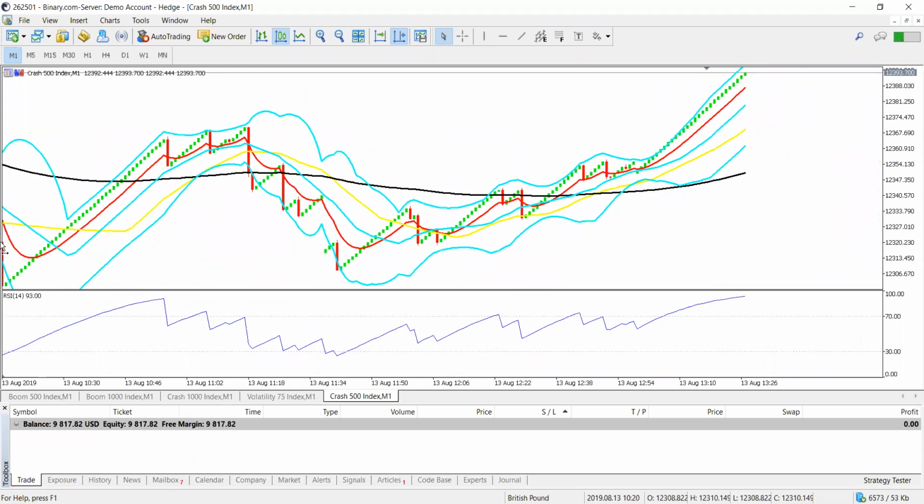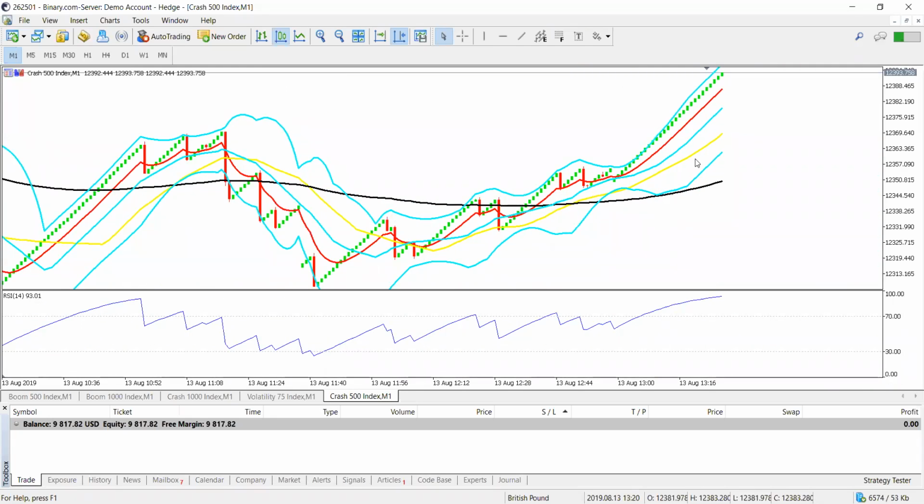Let's talk about the second average, which is SMA, moving average 35. Moving average 35 is very important in also doing the same thing, gauging the upwards trend and the downwards trend. But we use SMA 35 for price bouncing.